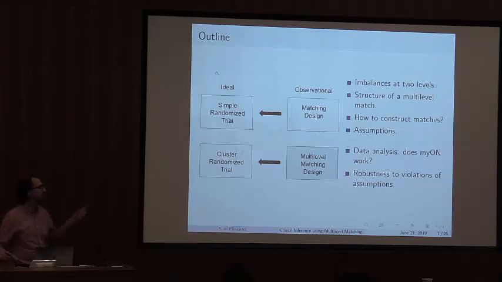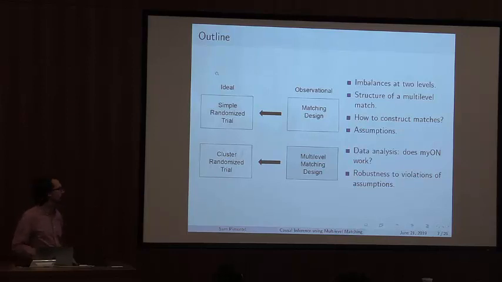Right, and so that actually relates to the next thing, which is, once I've given an account of multi-level matching, I want to talk about this arrow here. What is the gap between these matching designs and randomized trials? What things need to be true in addition in order for these to let us estimate the same effects that we would have estimated in our randomized trials?